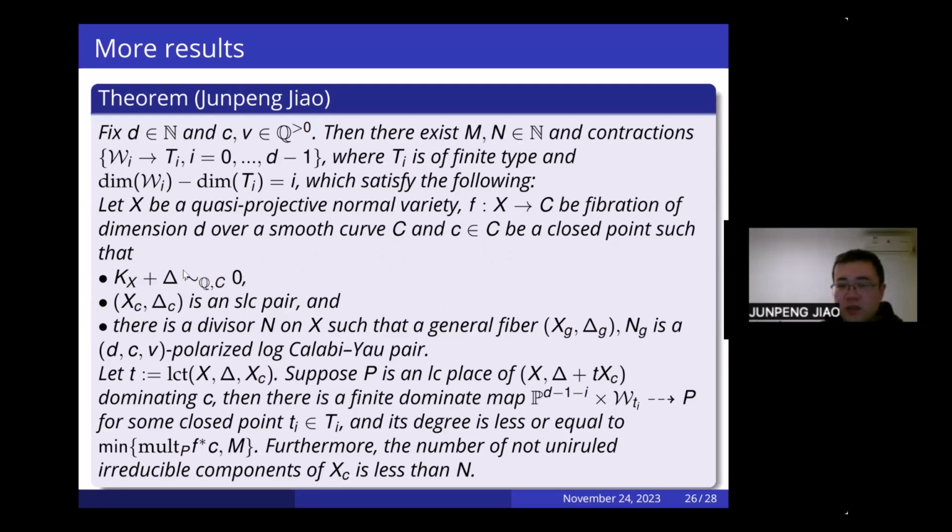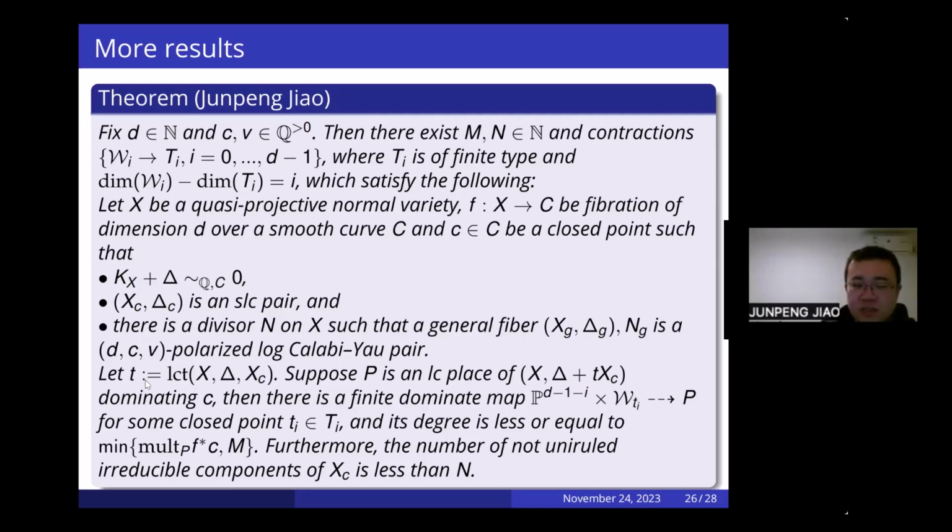Such that it's relatively trivial, and the special fiber is... sorry, it seems we do not need the second one. Here is a typo. And there exists a divisor N on X such that the general fiber is a polarized log Calabi-Yau pair.